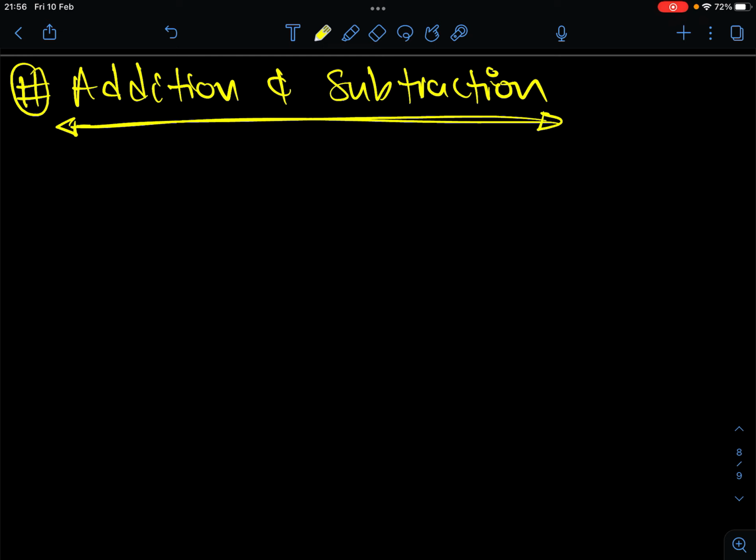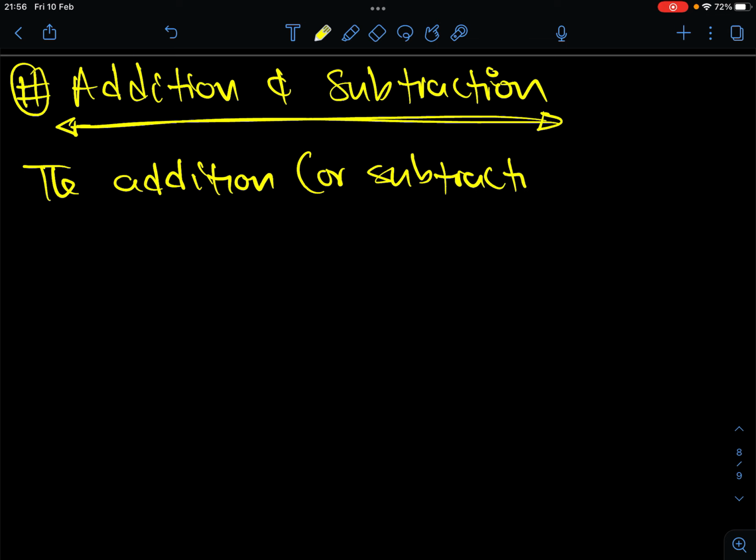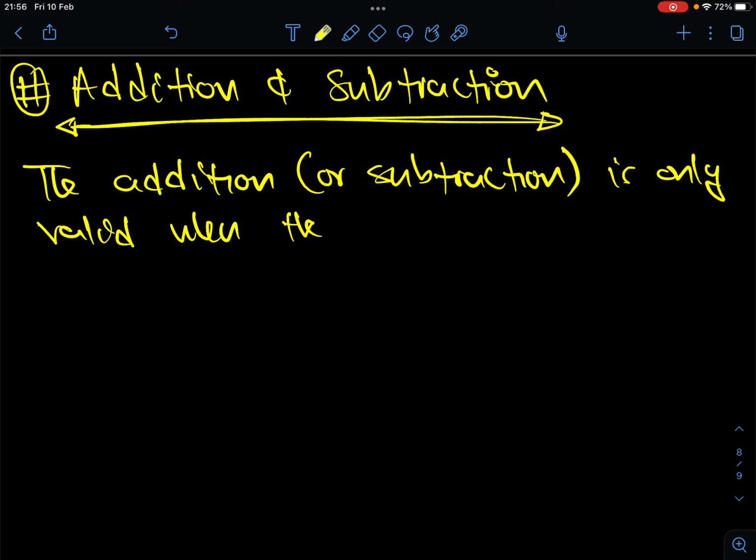So the addition or subtraction of matrices is only valid when the two matrices have the same order.